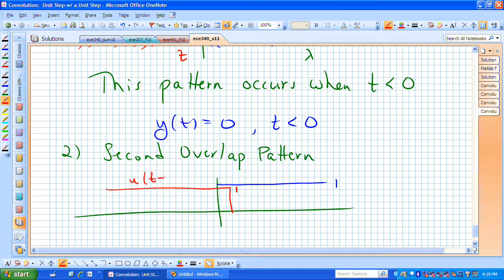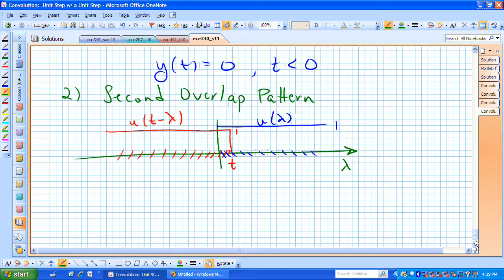Here's u of t minus lambda. Here's t. Here's the interval of support for u of t minus lambda. Here is the interval of support of u of lambda. This overlap pattern occurs when t is greater than or equal to 0.